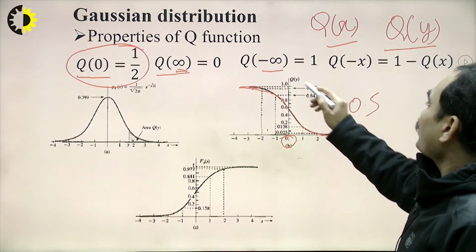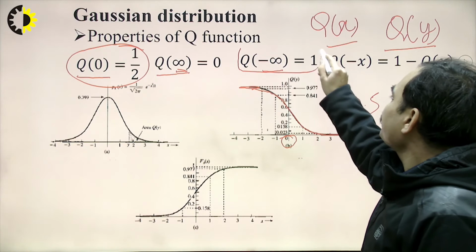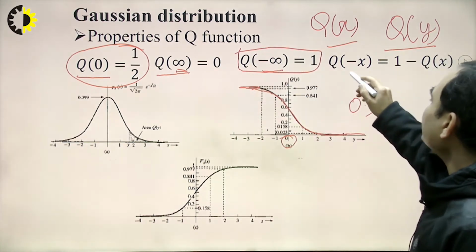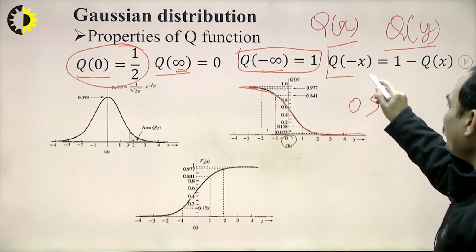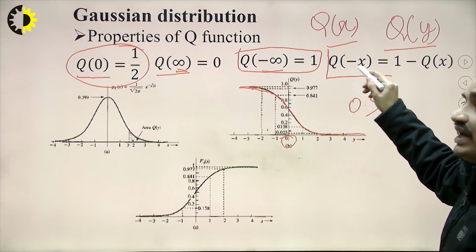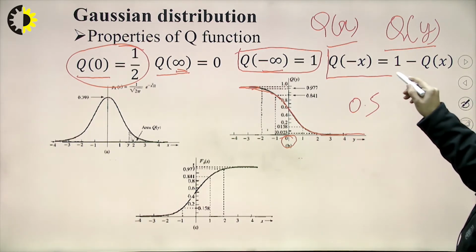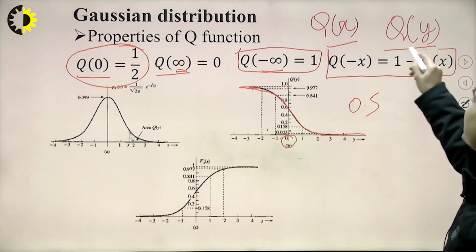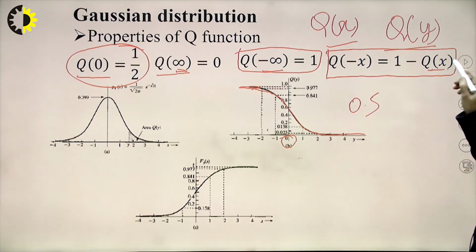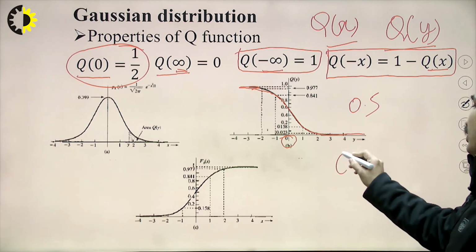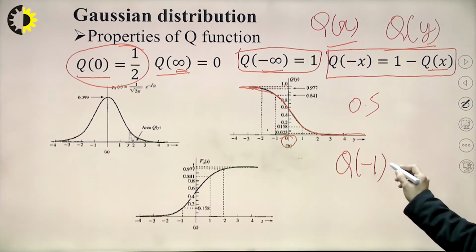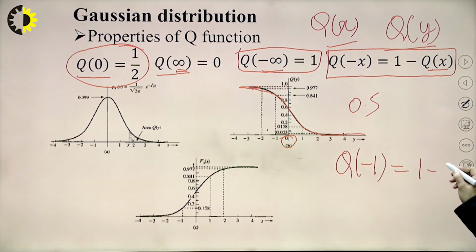And the next property is that the q function for a negative value of x is equal to 1 minus the q function of the positive value of x. This means if you are taking the q function for minus 1, you can write it as 1 minus the q function of the positive value, that is 1 here.